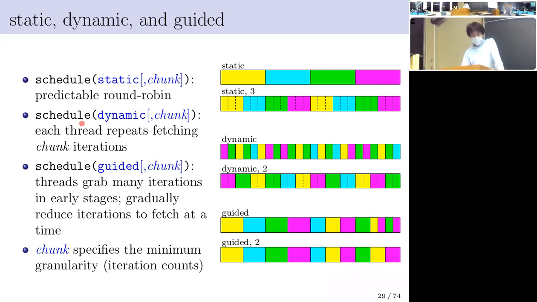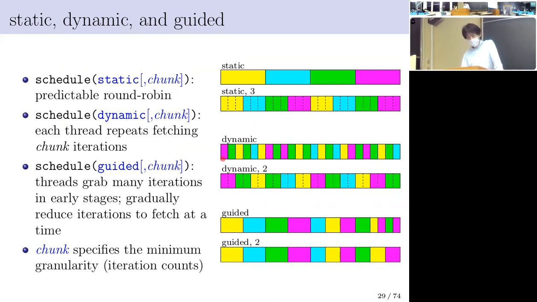Another strategy is called dynamic. Basically, the work is divided at runtime based on the progress of other threads. What actually happens is it becomes unpredictable.